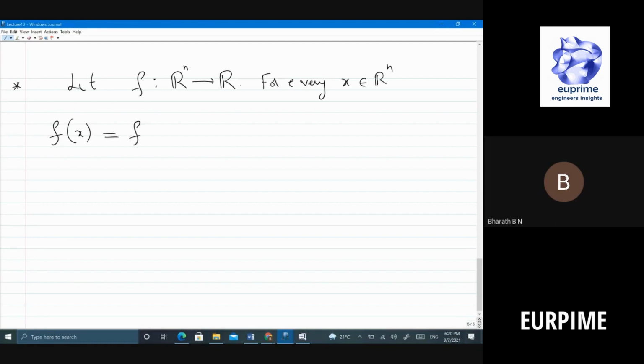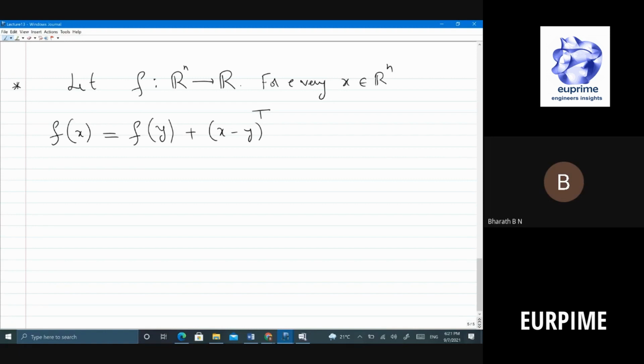Then f of x is, of course, let me consider a point y instead of a. Okay, so f of y plus x minus y. Remember, this is a vector now. It's not a scalar. I have to take the transpose. All the vectors, I'm going to write as column vectors, right?